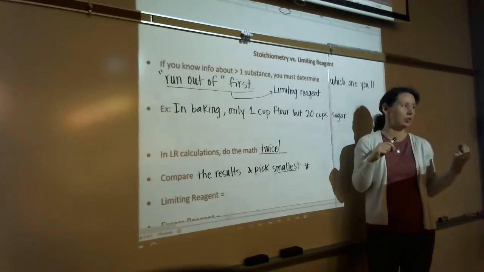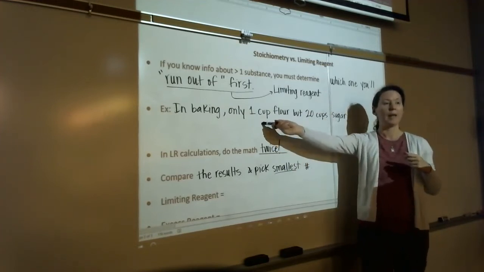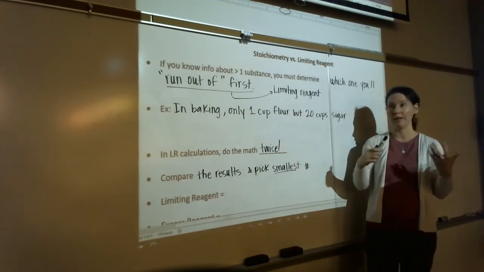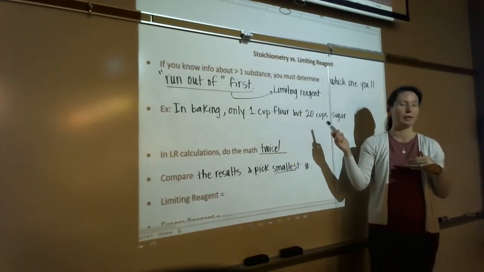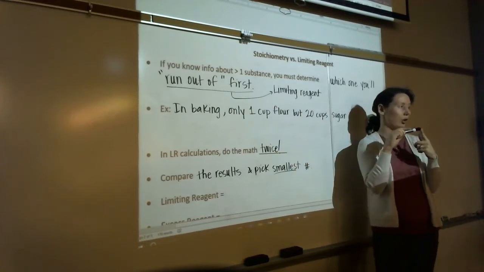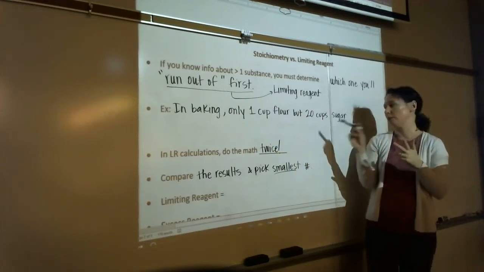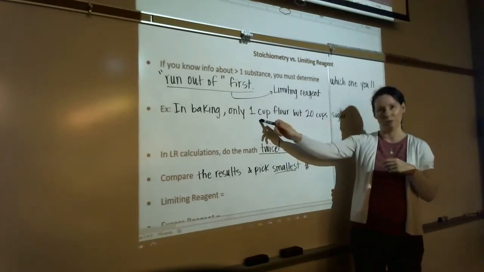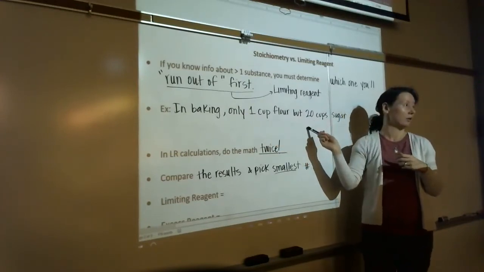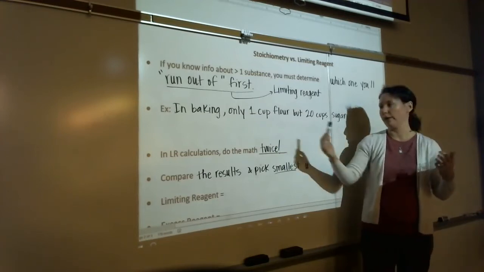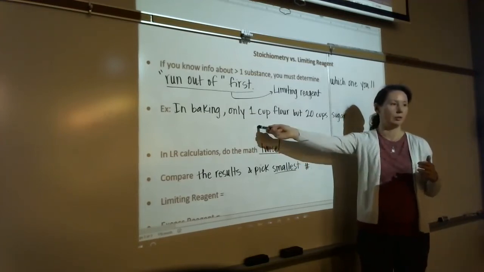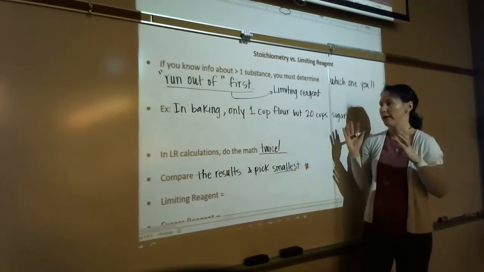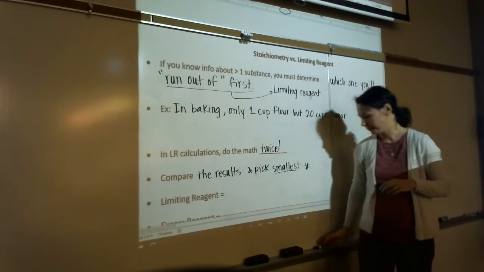So don't always assume that the smaller number is the limiting reagent, because a lot of times it's not. A lot of times the bigger number is the limiting reagent, because remember, it's based on mole ratio from the balanced equation, and it's based on molar mass. So if this thing's got a monstrously huge molar mass, and this one's got a tiny molar mass, this one might be the limiting reagent. So you can't just assume, okay, 1 is less than 20, therefore this is the limiting reagent. You can do that in baking, because in baking, we don't care about molar masses. But as a chemist, we are not allowed to do that.